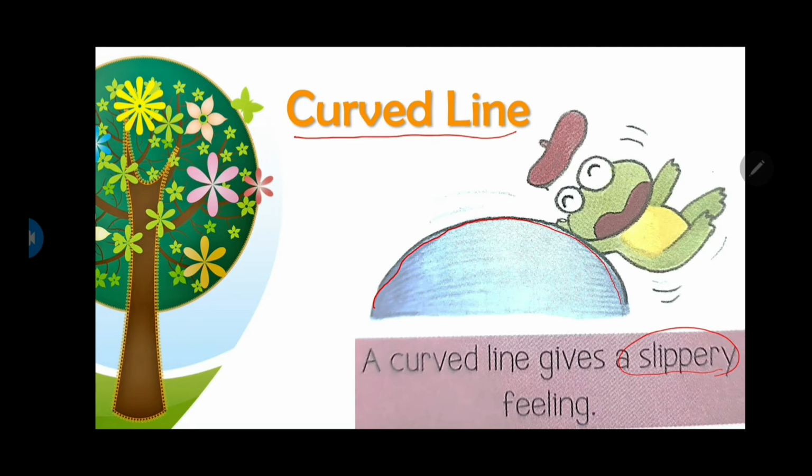It seems that you cannot stand here. Look at the frog. It slips away. It's slippery. So that's the nature or the feature of a curved line. It feels slippery. It's like a part of a circle, yeah?